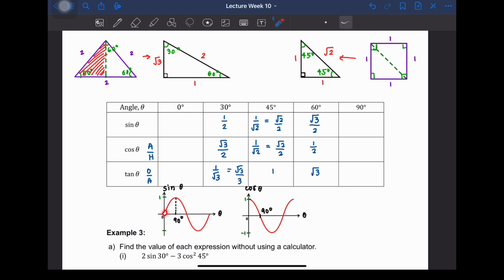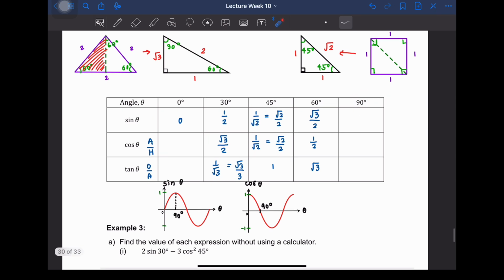So sine 0 is equal to 0. Okay, and then for sine 90, look at 90. 90 is over here. So when theta is equal to 90, up here, y is equal to 1. So we have the value of 1 over here.